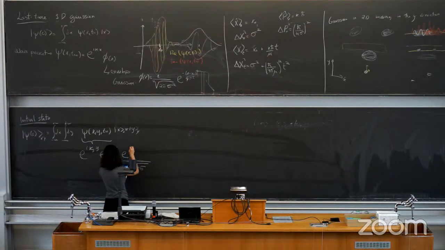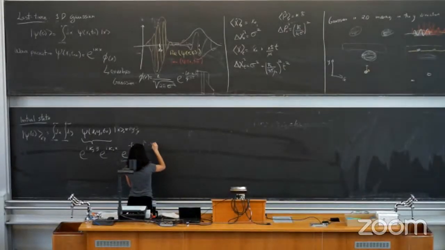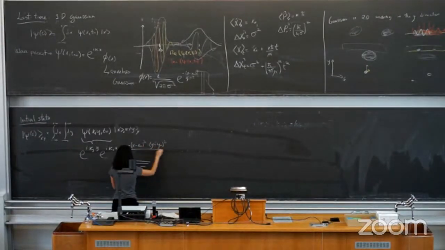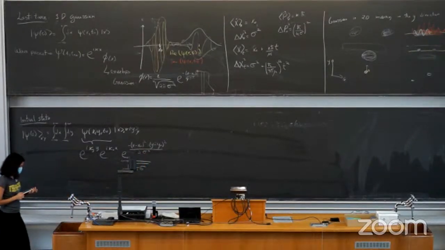So I get minus (x minus x0) squared, and here I think it's just 2 sigma squared, but correct me if I'm wrong. Okay.